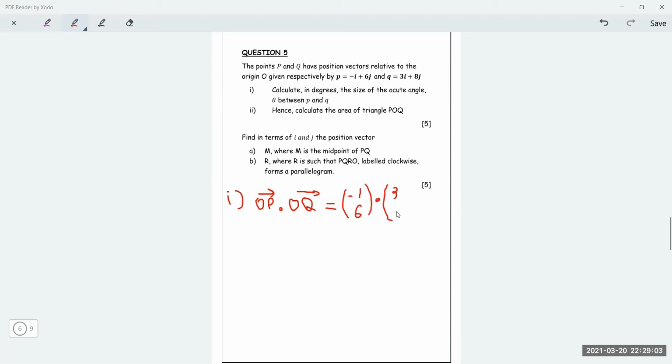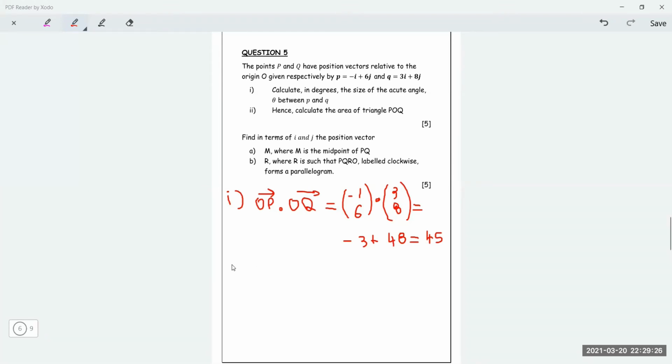So find this dot product: -1 times 3 is -3, plus 6 times 8 is 48. And so what we get is 45. The dot product is 45.